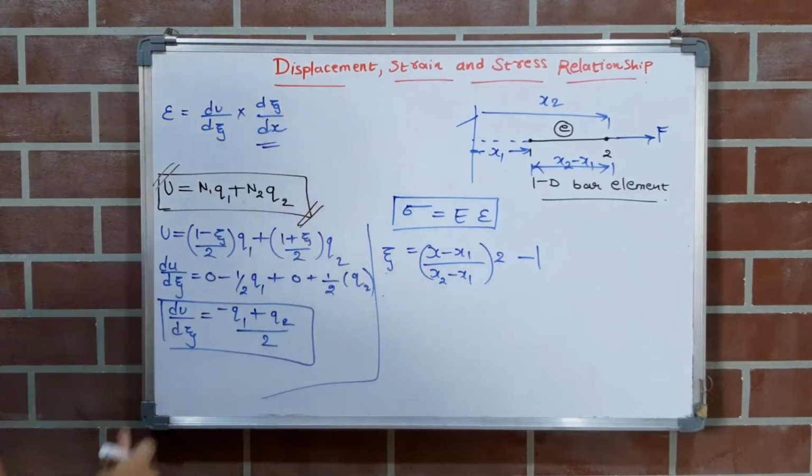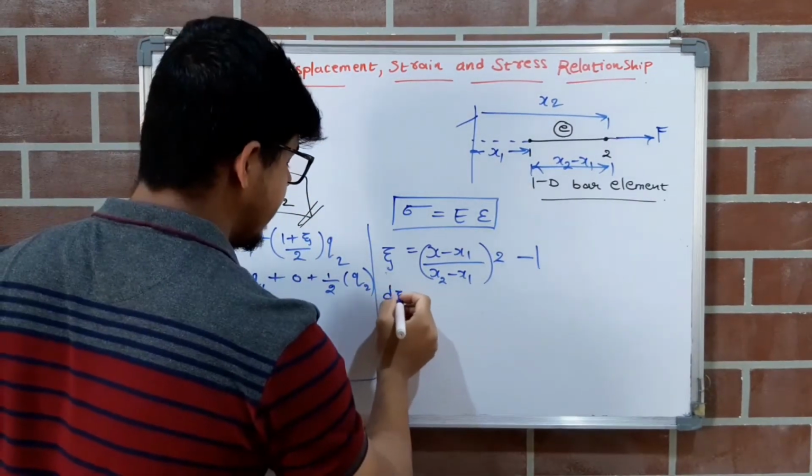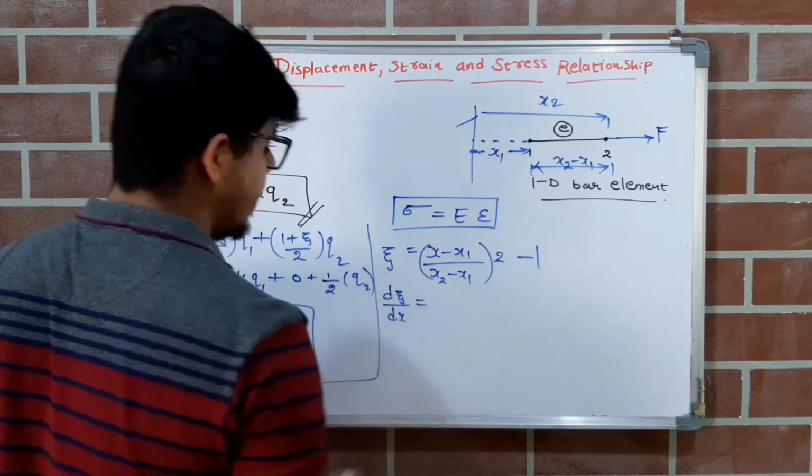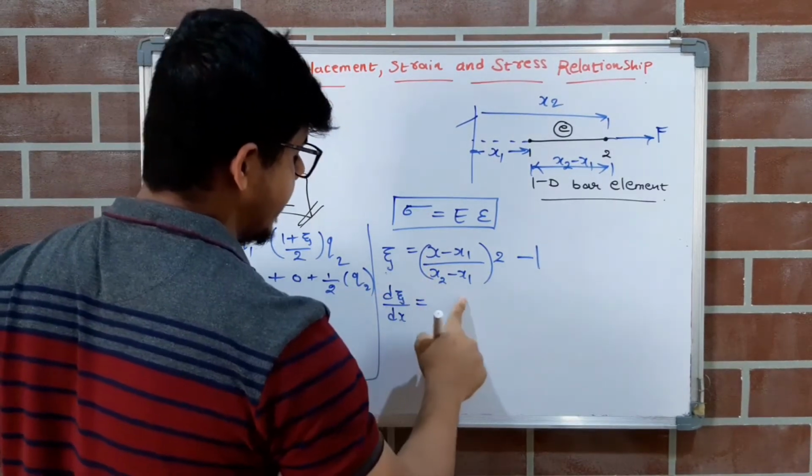Now we will differentiate this to get d zeta upon dx. So this is x upon (x2 minus x1) minus x1 upon (x2 minus x1).